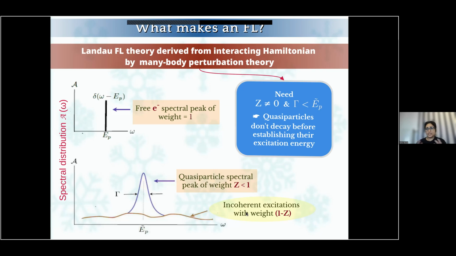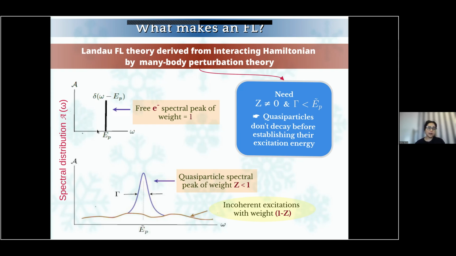Now, which systems are we actually allowed to call a proper Fermi liquid? First, we can derive Landau's Fermi liquid theory from an interacting Hamiltonian by using many-body perturbation theory, treating the interaction as a perturbation.